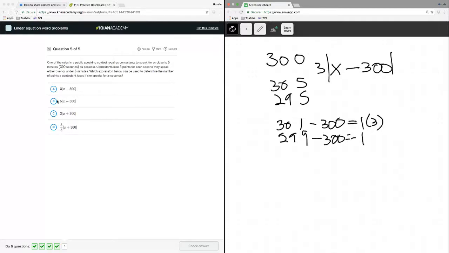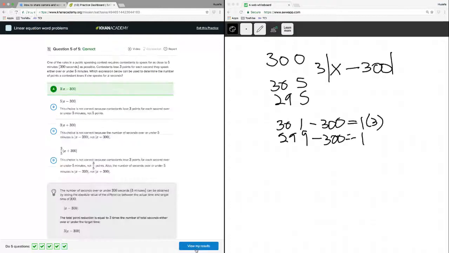In choice B we have a 5, and in D we have a 5. That's just a red herring. So the question comes down to A or C. As I showed, we're not adding X to 300. 300 is our cap. We're taking the difference. So that's why we would go with A.